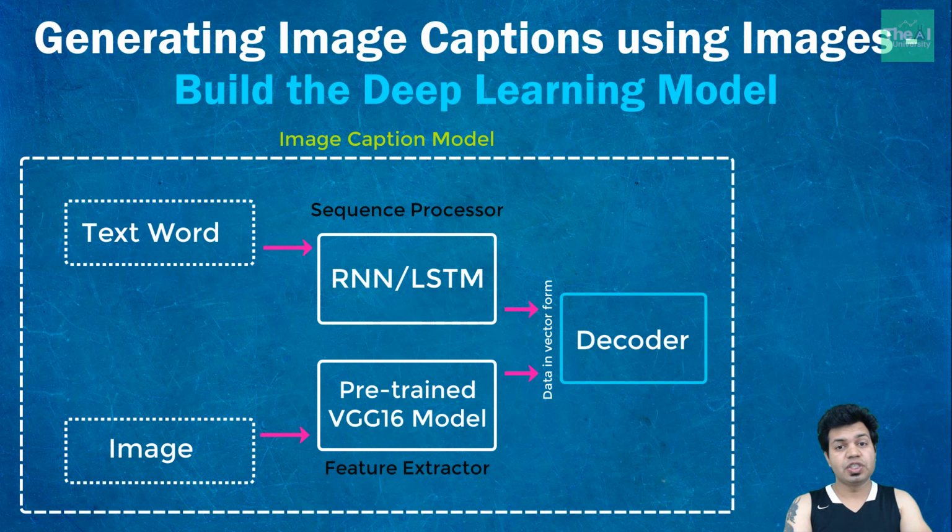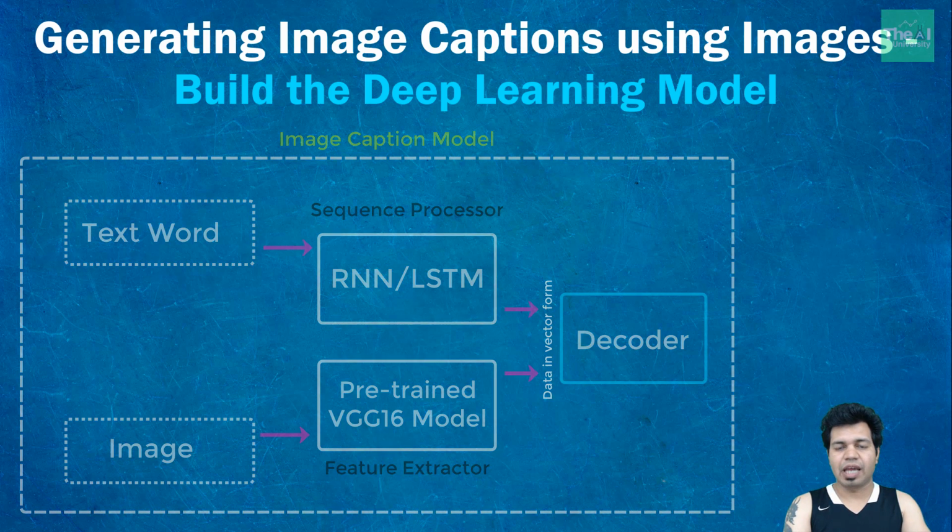Then we have the VGG16 model, which is a pre-trained model and which we actually utilized to extract image features by popping off the output layer. So it took an image as an input and gave image features as an output. Okay. Now both the image feature extractor and sequence processor outputs, which spit out a fixed length output vector, are merged together and processed by a dense layer in order to predict the captions.